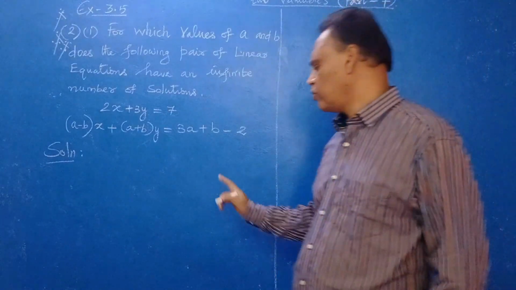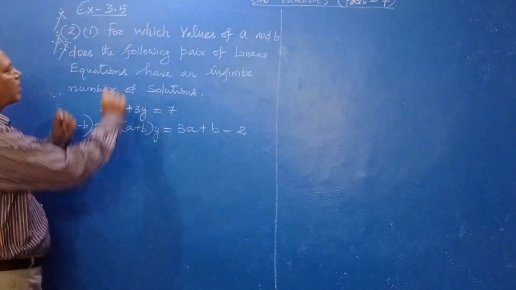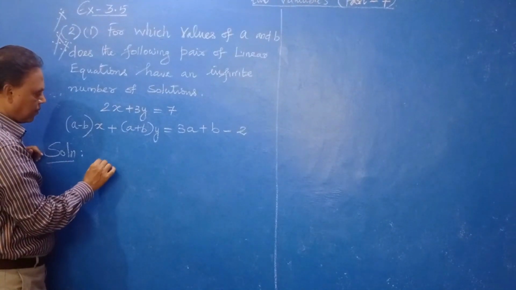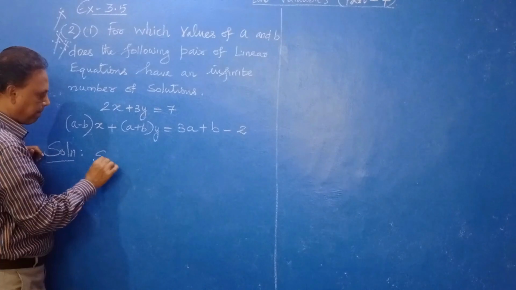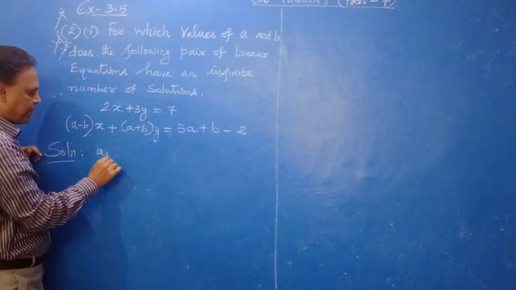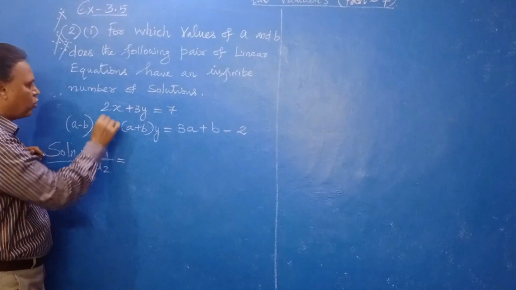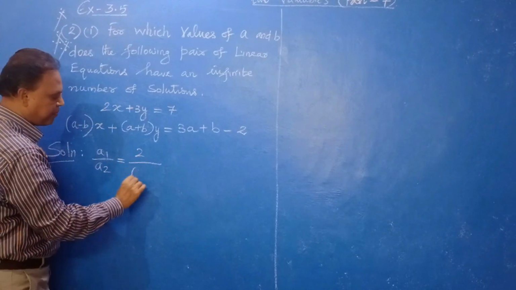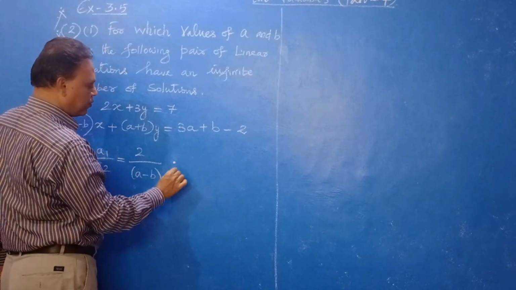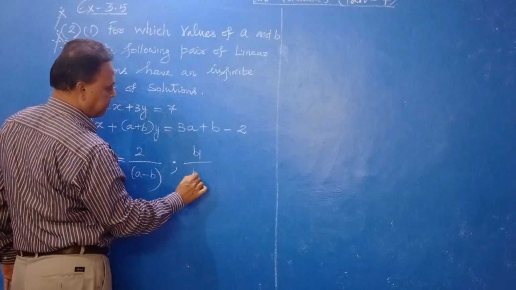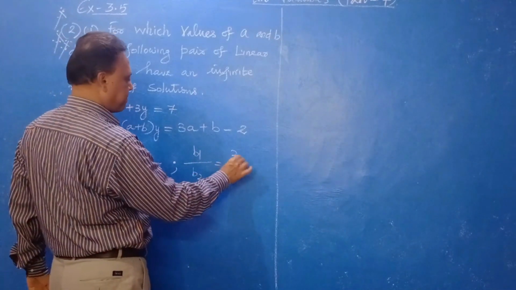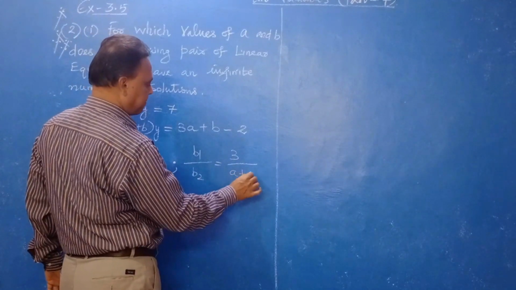Okay, now you see. You have to first find what a1 by a2 is. a1 by a2 is 2 by a minus b. What is b1 by b2? 3 by a plus b.